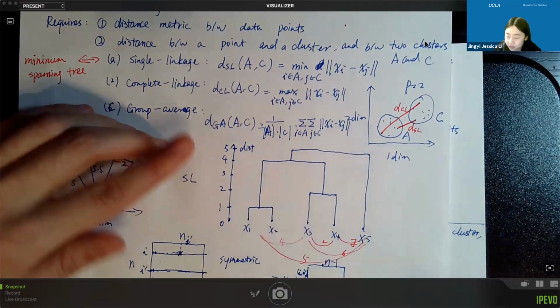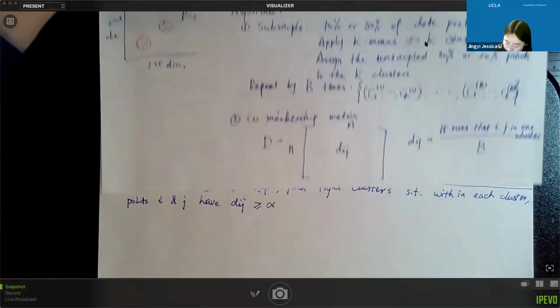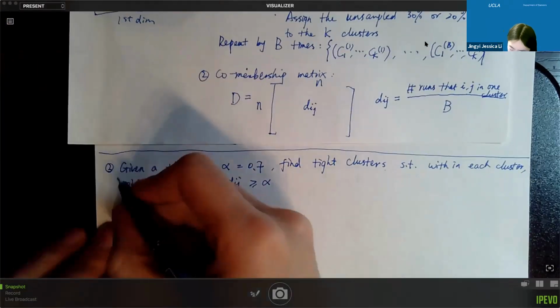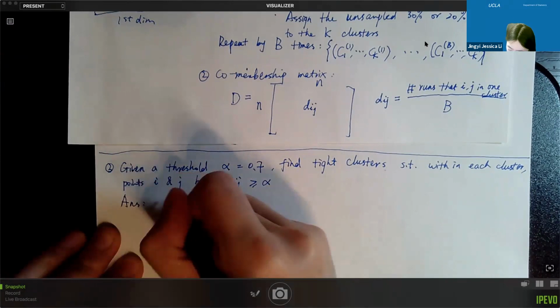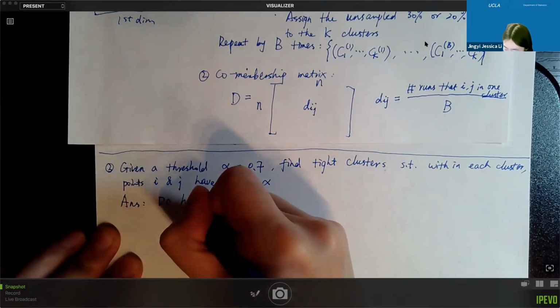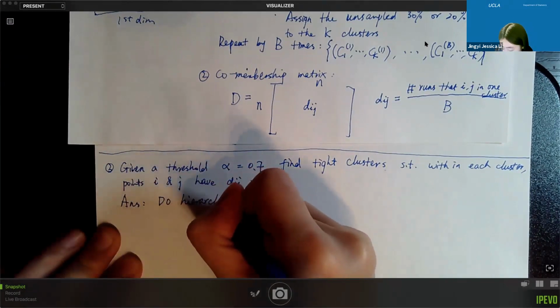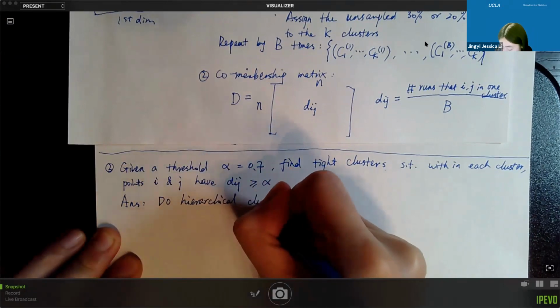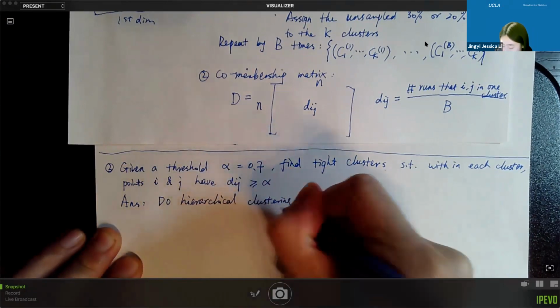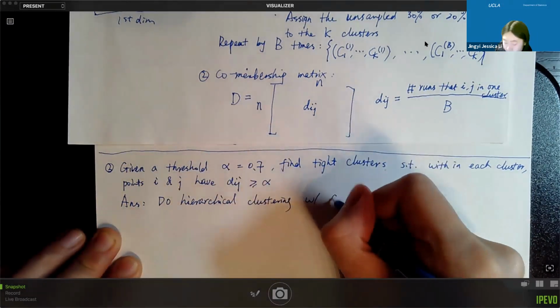So the answer is to do hierarchical clustering with complete linkage.